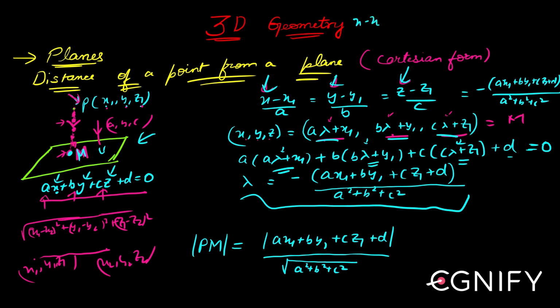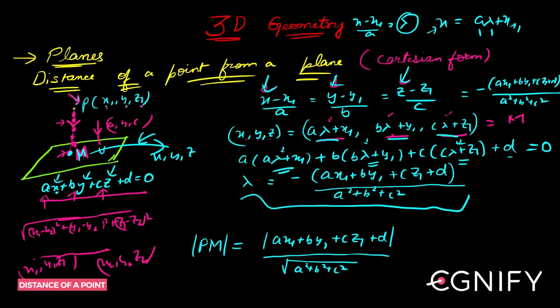If you have (x - x1)/a = λ, you already know lambda. You can get x = aλ + x1, you know x1, you know lambda, you know a. That's how you can get y, that's how you can get z. So you can get the coordinates of M. Once you have the coordinates, you can apply the distance formula between this point and this point. And when you apply the formula and finally simplify, you will get this as your final answer.